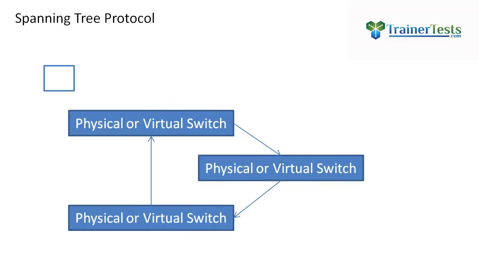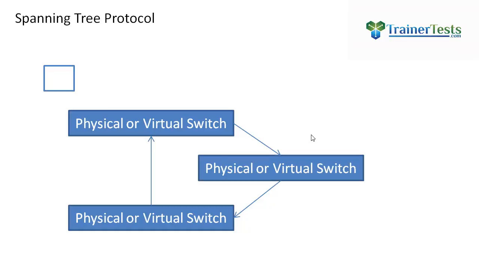So the way that we can resolve this is by enabling what's called spanning tree protocol. And what spanning tree does is it guarantees a loop-free topology. So how does it do this? Because we might have a physical loop in our network. How does spanning tree prevent a switching loop from occurring?